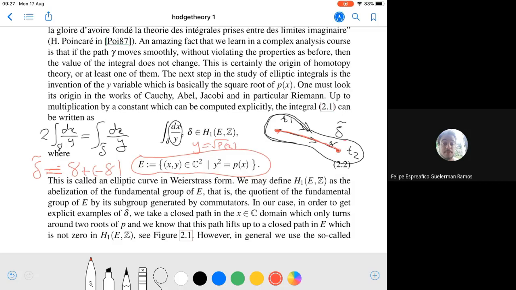Okay, and now comes another step of the process of our complexification. I want to think that I am integrating over this object. By the way, I think one of the main people responsible for all this process must be considered Riemann, who is also responsible for the concept of Riemann surfaces and so on. But I think there are a lot of people around the 19th century who contributed to developing all these intuitions.